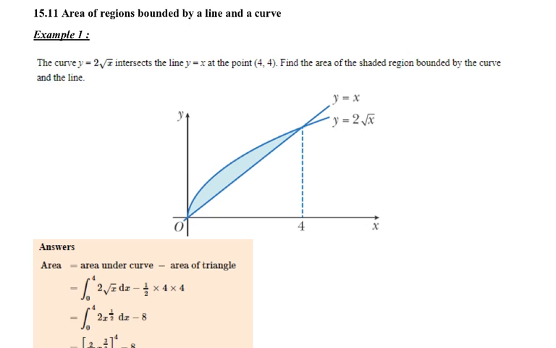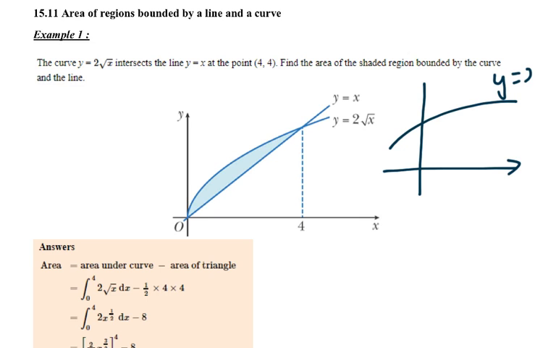As you have learned in the previous topic, to find the area under the curve, you first need to have the equation of the curve. In this case, you have y equals 2 root x.